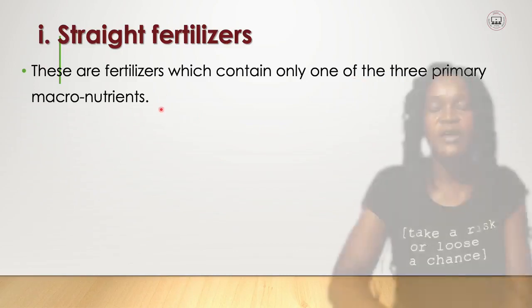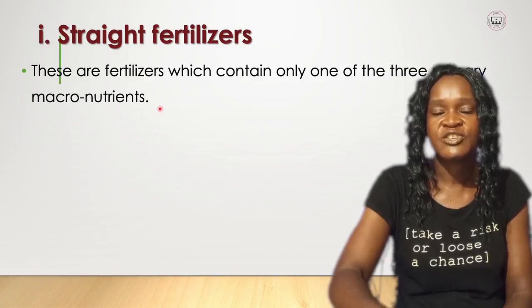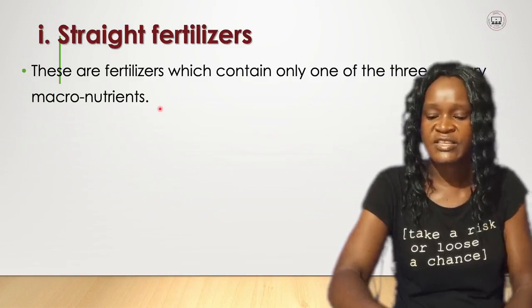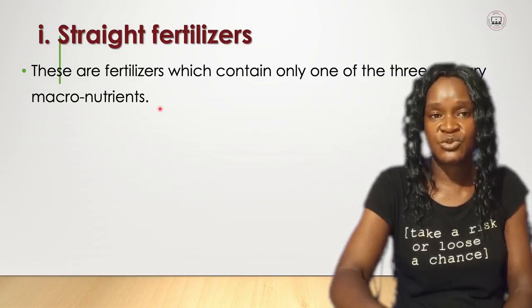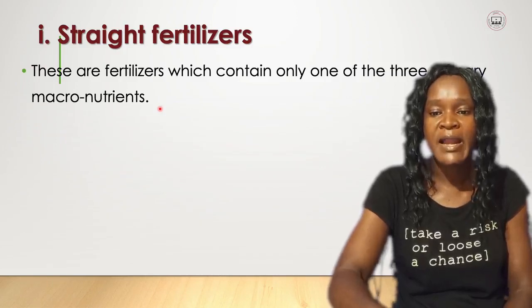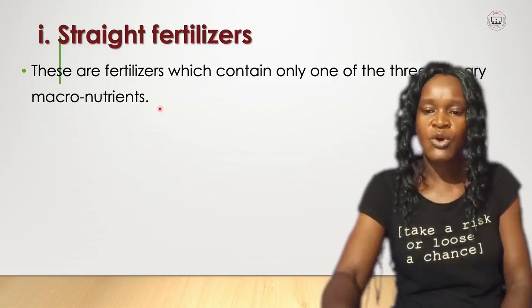macronutrients. Remember in Form 1, we discussed that we have two categories of plant nutrients, macronutrients and micronutrients. Under macronutrients, we can further categorize them into two, as primary macronutrients and secondary macronutrients.